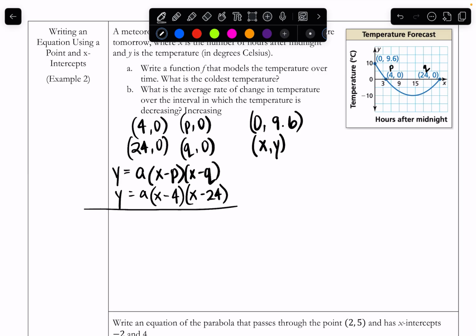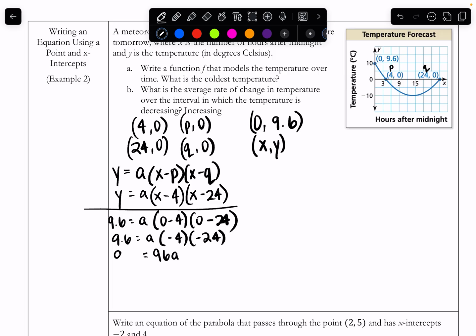Then if I go ahead and sub in the 0 and the 9.6 for x and y, A times 0 minus 4 times 0 minus 24, and then go ahead and solve that. So 9.6 equals A times -4 times -24, which happens to be 96.